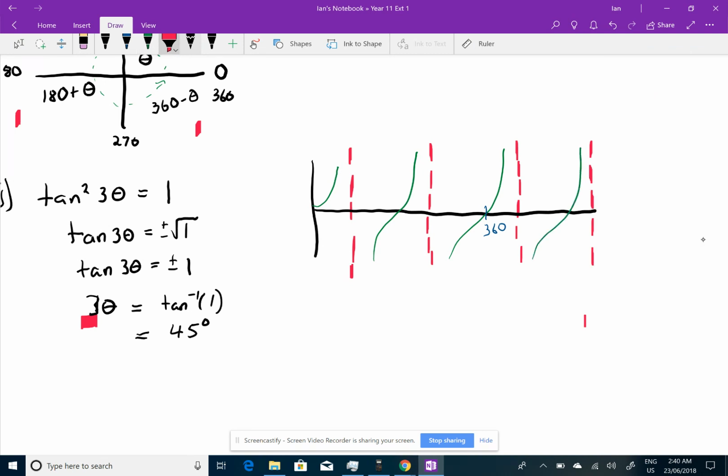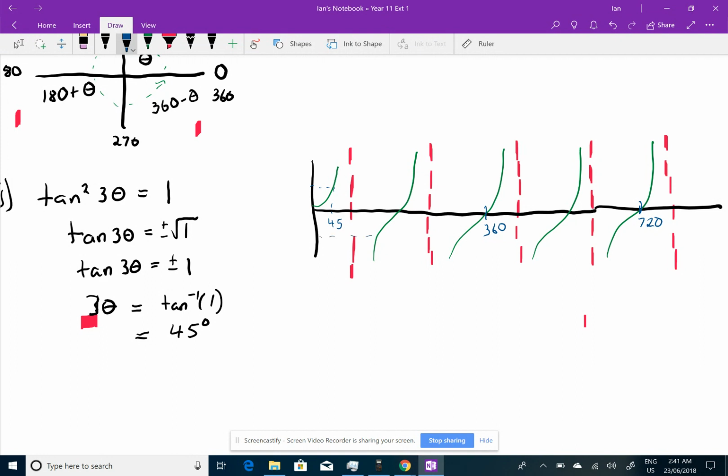There's maybe a little trick you can do to help you. Keep going. There's another whole curve, 720, and let's just stop there because I'm going to show you a trick. So where are our answers? We got the first one, 45.